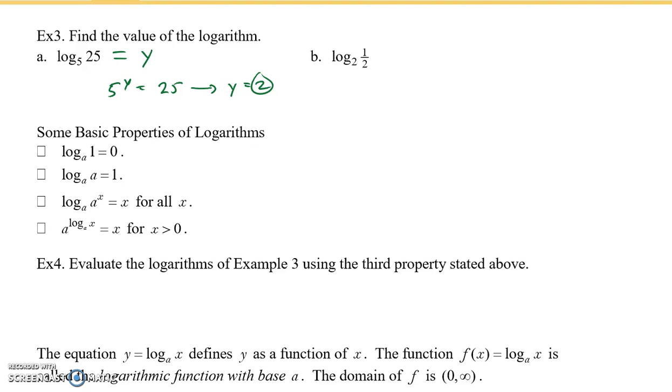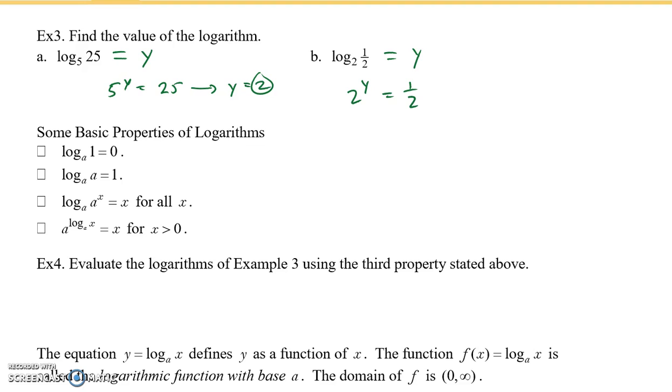Second example can be done in a very similar way. Log base 2 of 1/2, what is its value? Well, call that y. Write it in exponential form. Start with the base of 2, raise it to the y power, set that equal to 1/2.